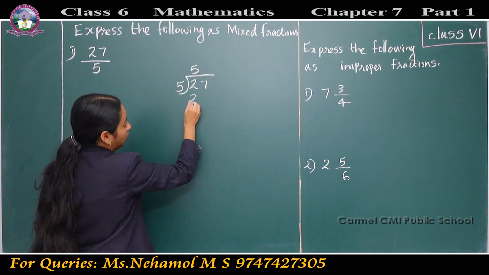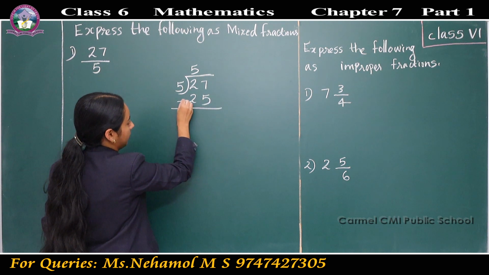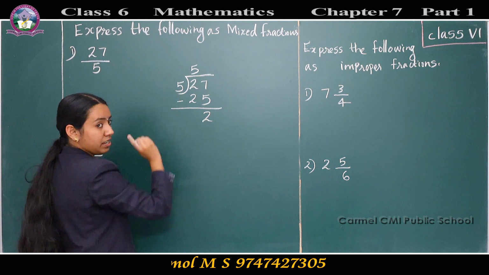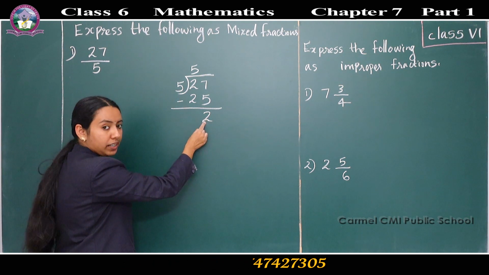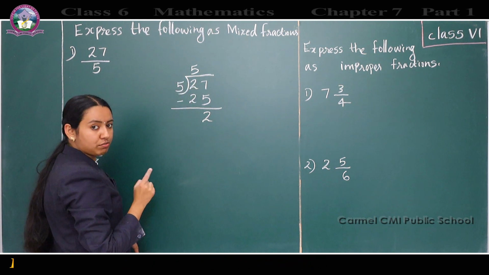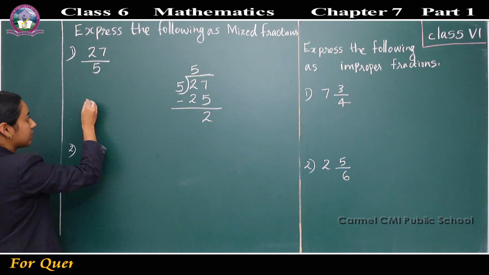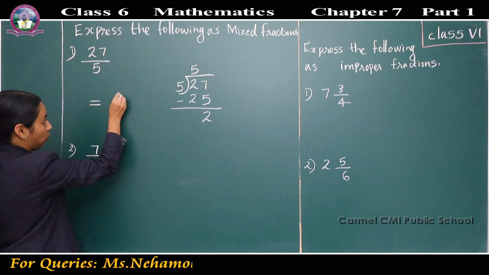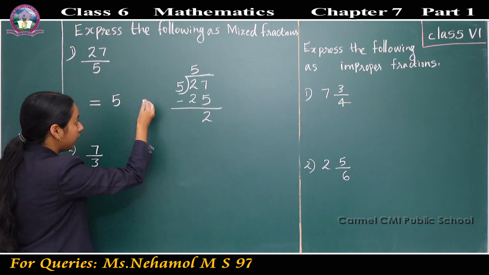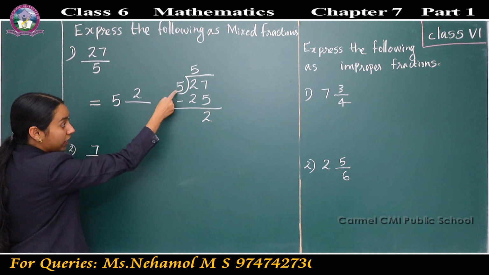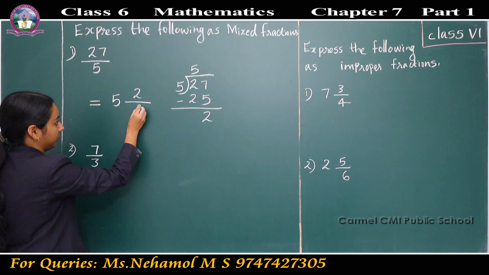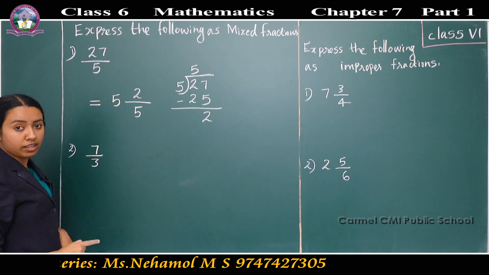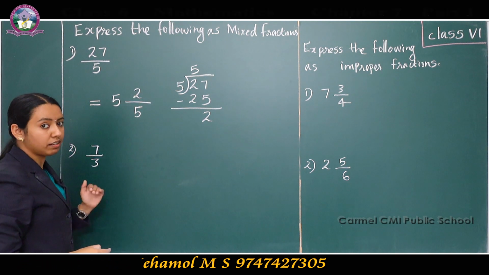Subtracting 27 minus 25 is 2. 2 is less than 5. We got remainder as 2, quotient as 5. Then we write the quotient first, then the remainder by divisor. So 5 2 by 5 is the corresponding mixed fraction.